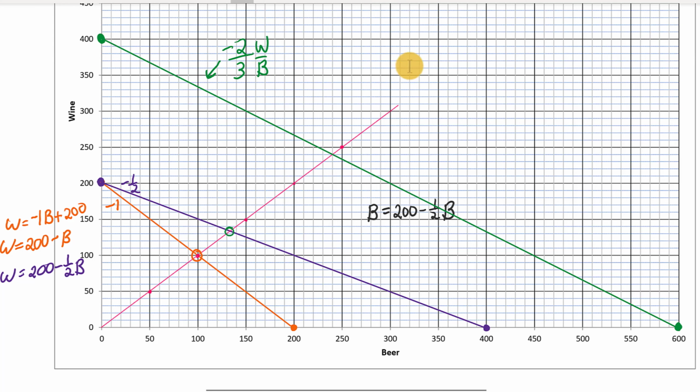We could simplify this to just be a number like 0.67, right? And that would say for each barrel of beer, I'm willing to send you 0.67 barrels of wine. Or you give me 2 barrels of wine, I'll give you 3 barrels of beer. Everybody's going to be happy.